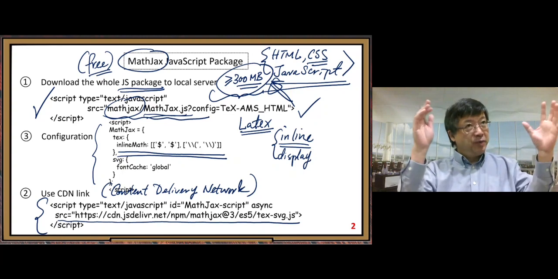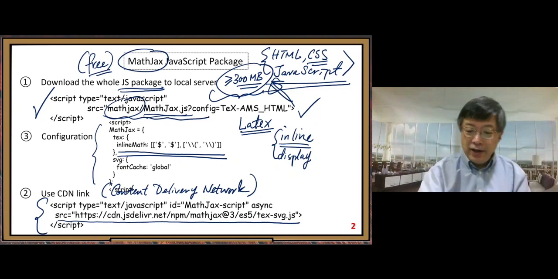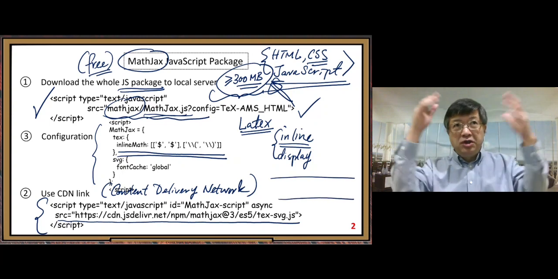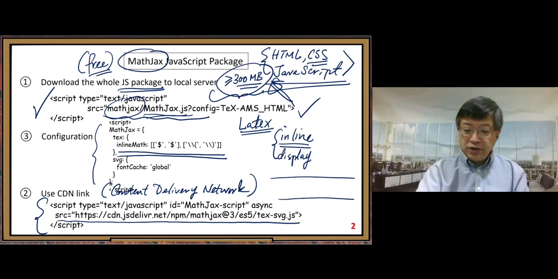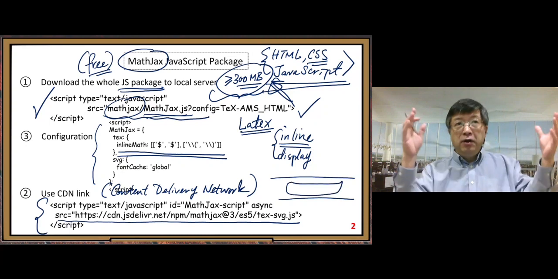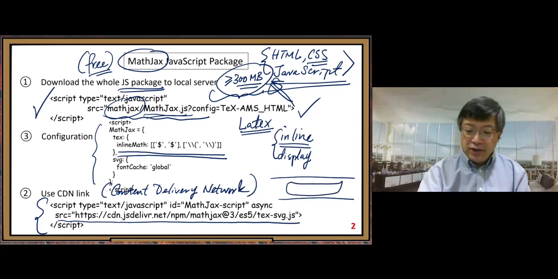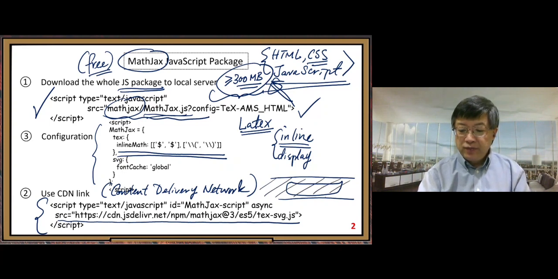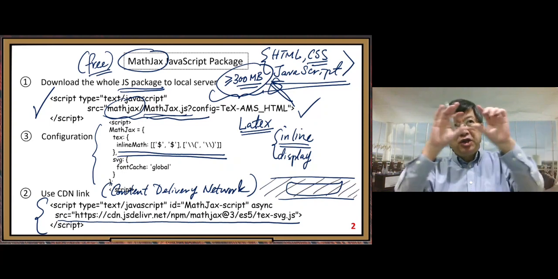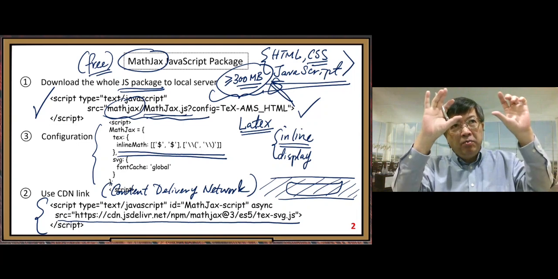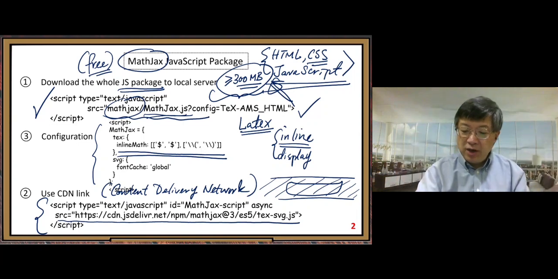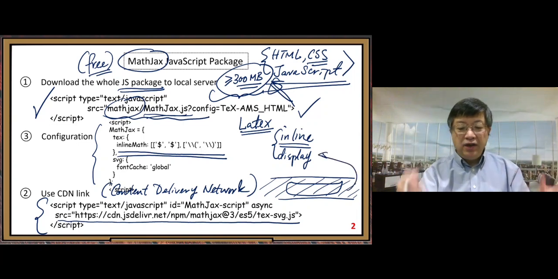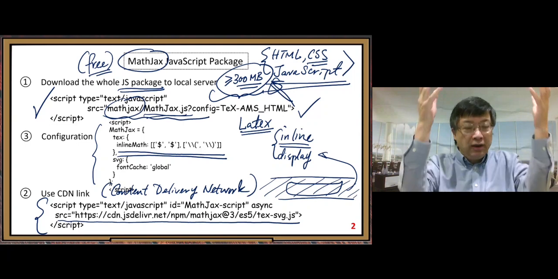It's not inline, so you start a new paragraph. Sometimes you need to display a big formula, so you put it in the center, with no text around it. You make space to display the whole big formula. That's the display mode. There are only these two modes in LaTeX.